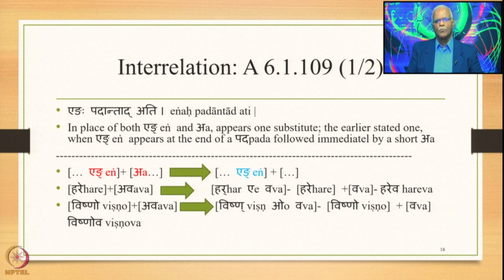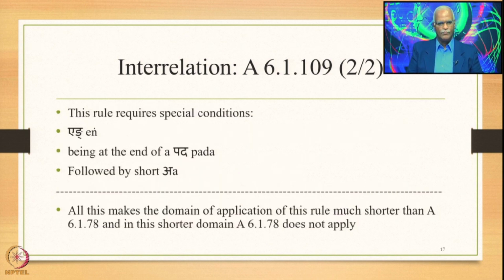Now in this case, if we observe closely, we have a followed by a, in this case we have o followed by a. The scope of application of echo yavayavaha is here as well. Now this particular rule 6.1.109 requires some special conditions.